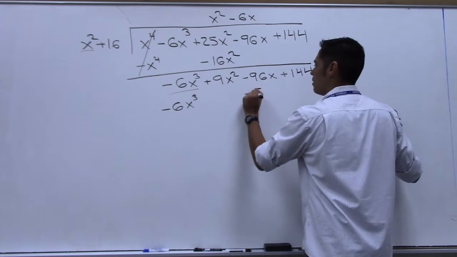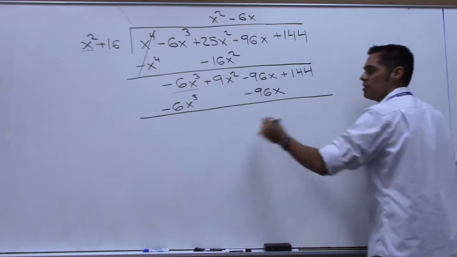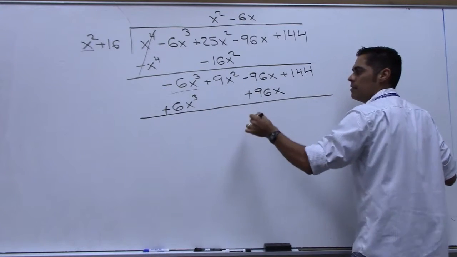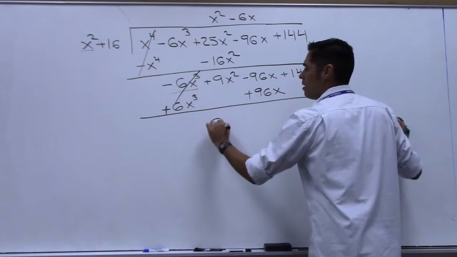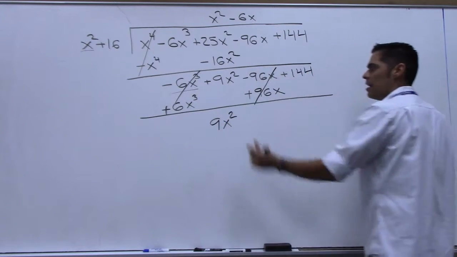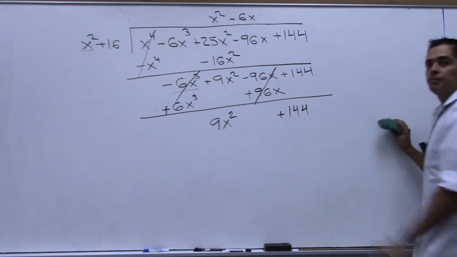Ooh, that's nice. Because when I come through now and change the signs, what happens? 6x cubes are gone. Got a 9x squared. The 96x's cancel, plus 144.